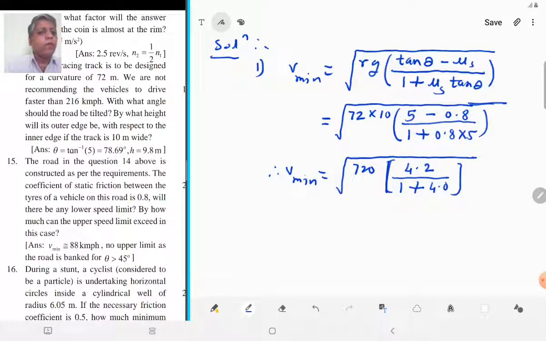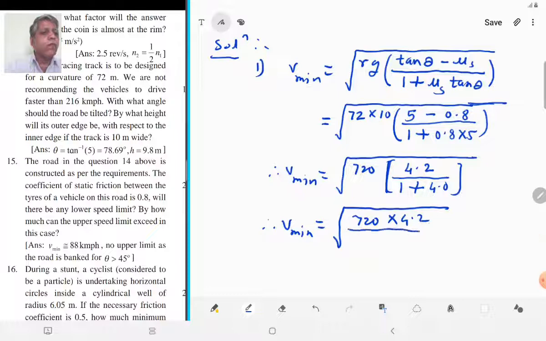and therefore V minimum is equal to 720 into 4.2 upon 4 plus 1, that is 5, and therefore this is equal to square root of.